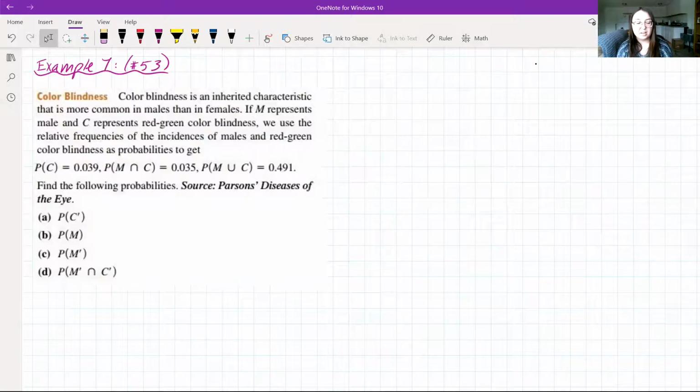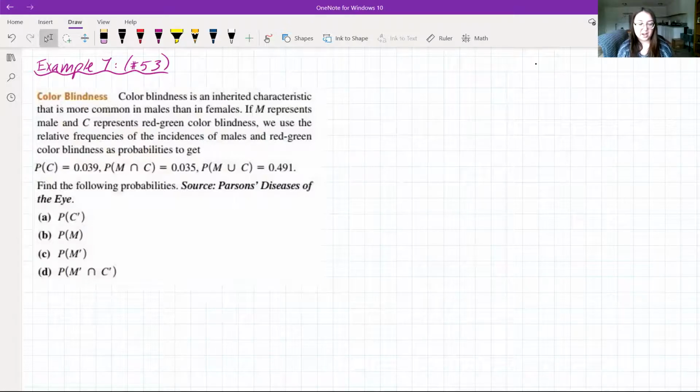The probability of the intersection of M and C, or male and red-green color blindness, is 0.035. And the probability of the union of male and red-green color blindness is 0.491.